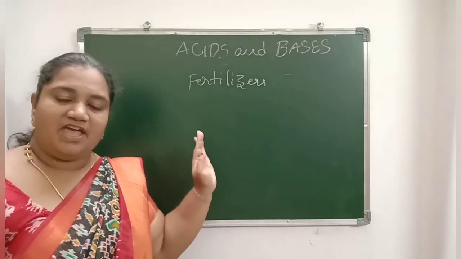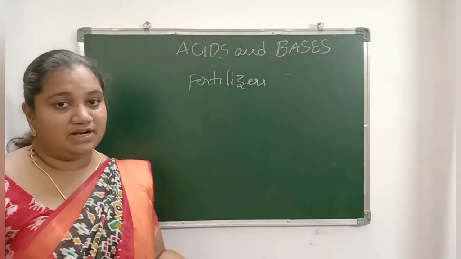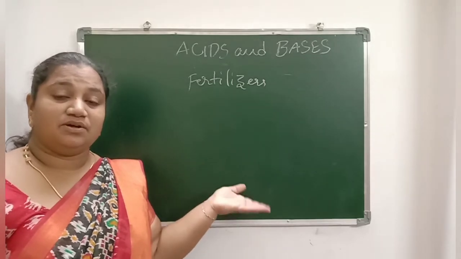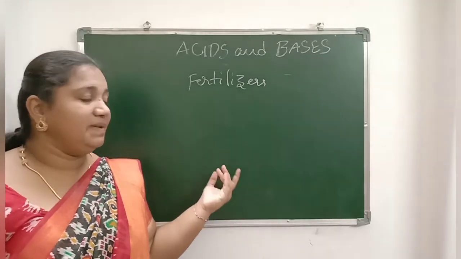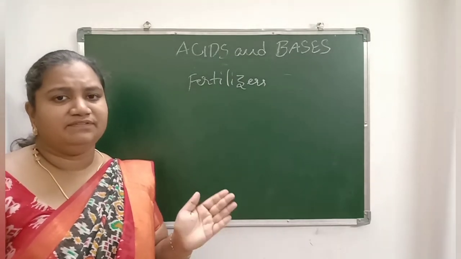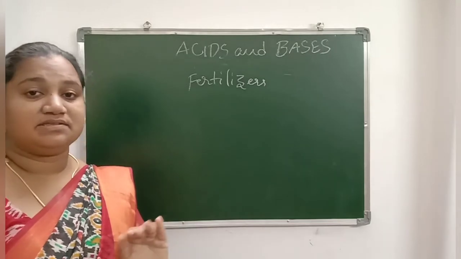In the same way, if the soil is high in basic content and you use a basic fertilizer, the basic nature will be high and the crops may be damaged. So for crops to grow in perfect conditions, you should test the soil.